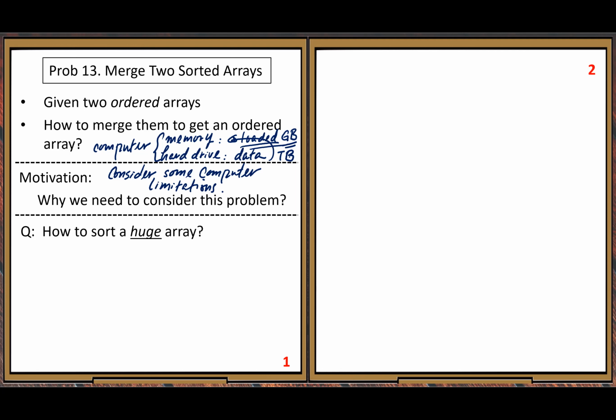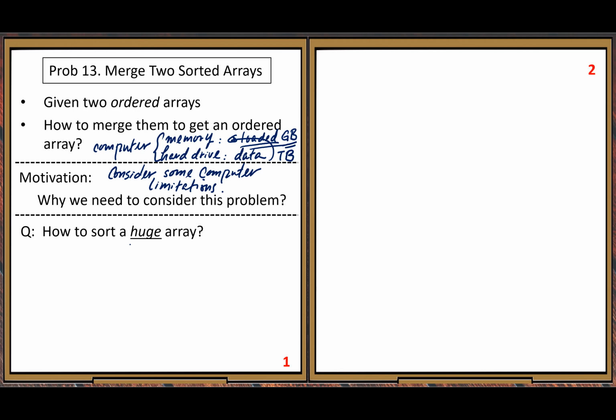So there is a possibility that if our data size is too large, we cannot load all our data into the main memory at once. Think about that. When that happens, how do you do the sorting?